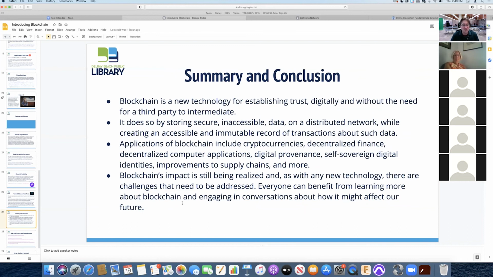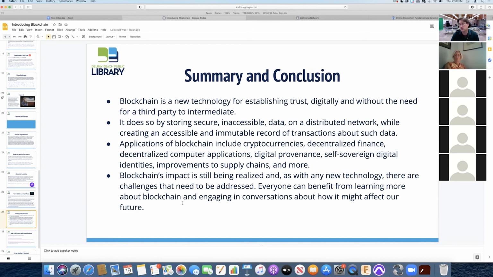It does so by storing secure and accessible data on a distributed network while creating an accessible and immutable record of transactions about such data. So anything that you would not want everybody to see is completely hidden, but then you have transactions about that data which are able to confirm the data underneath, which establish that trust.